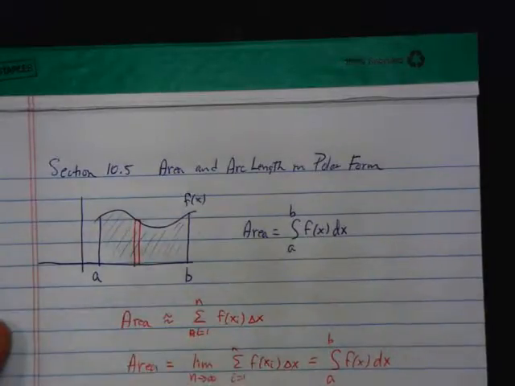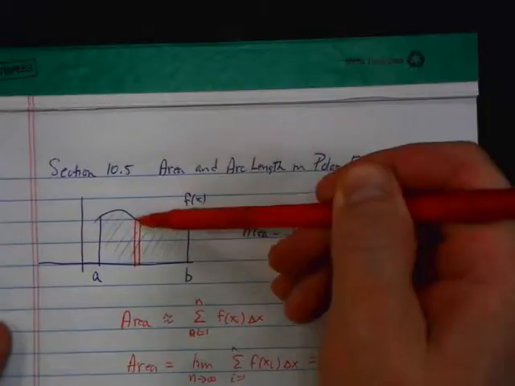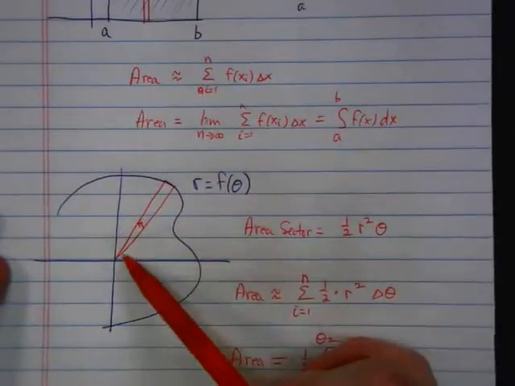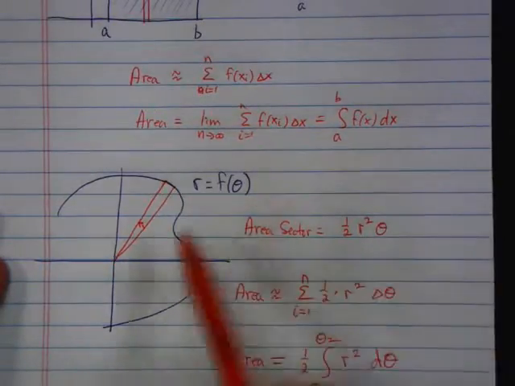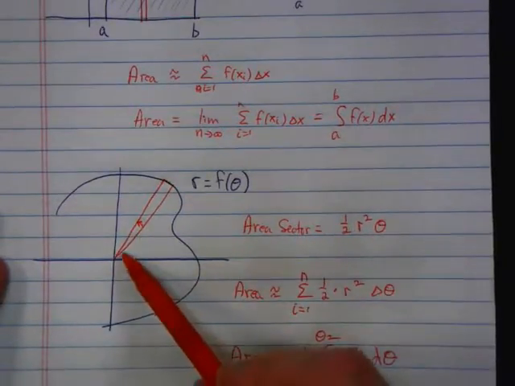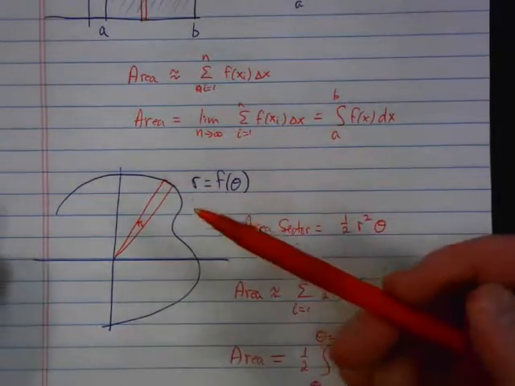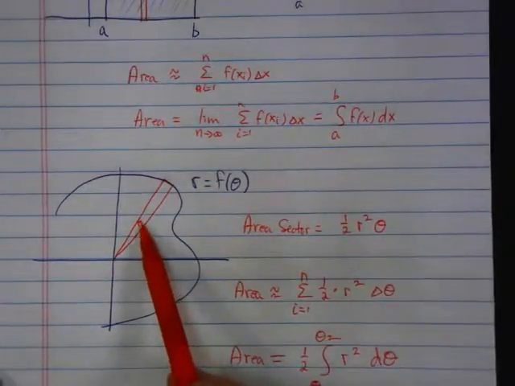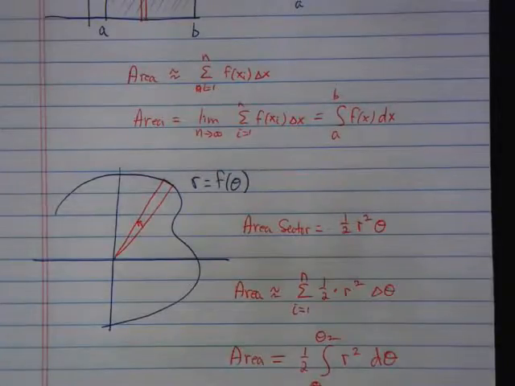But eventually our rectangles got so skinny that these two heights were so close to each other that it really didn't matter. You're going to have the same deal here. You're going to pick one of these sides to build your radius. It really doesn't matter which one. When your angle is small enough, these two lengths are so close to being the same that we call them the same. For all intents and purposes, these radii are exactly the same. The limit of the difference goes to 0.